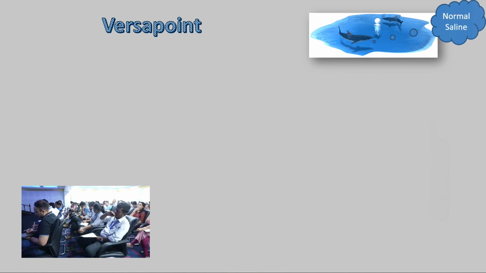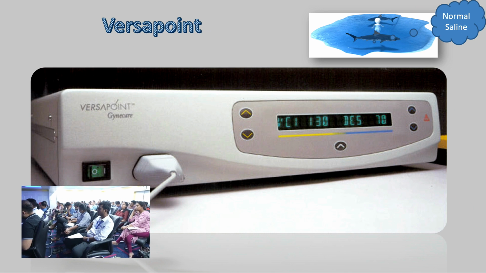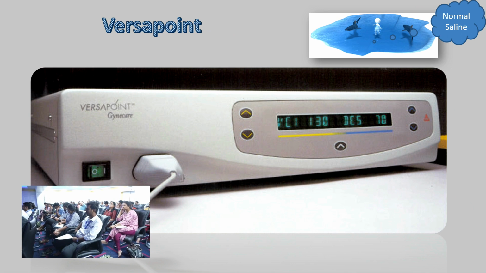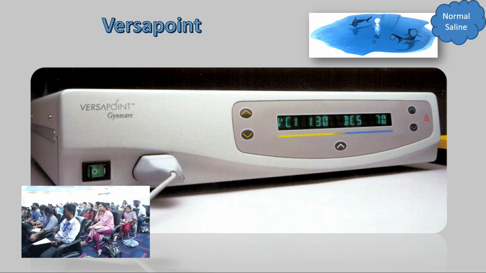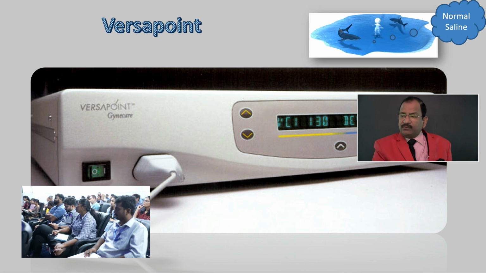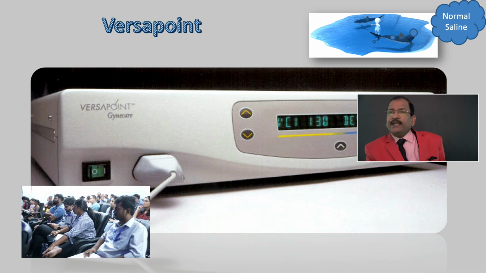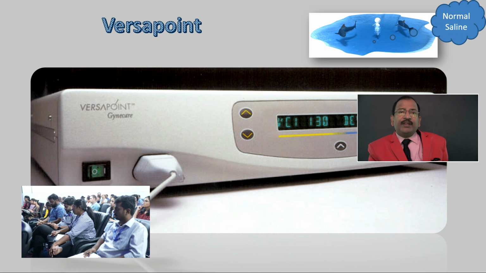Another way, you should buy an advanced machine. During the laparoscopic dissection technique lecture, I told you that with any generator, if you have a very high frequency, then bipolar also starts cutting.